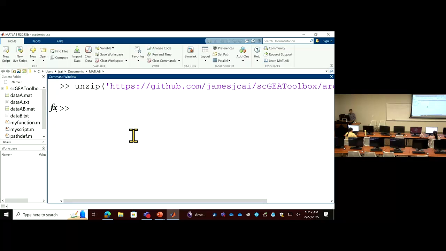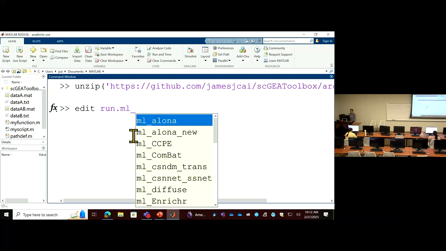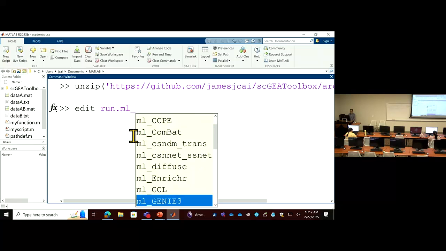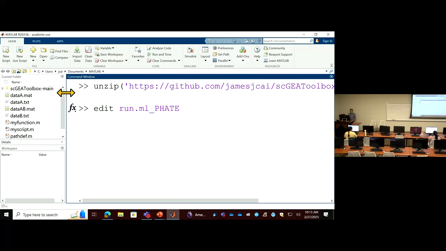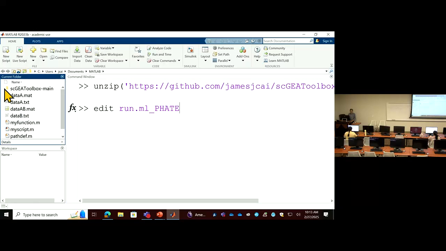Let's come back to here. So let's see. I do have this complete. If I do single cell, so if you look at this function, this function is located in the package under a folder.